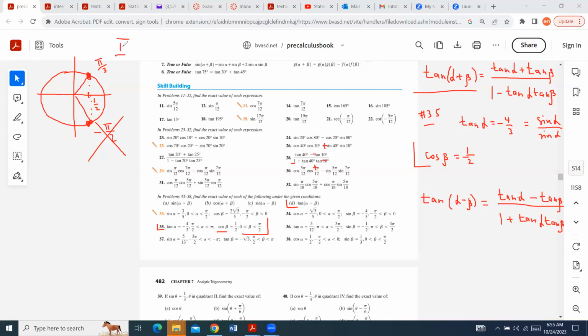And I just take that other one. So when 1/2, its friend will be square root 3/2. I hope you already remember this. So that's sine beta, because now we got a beta here. So we got the other result.